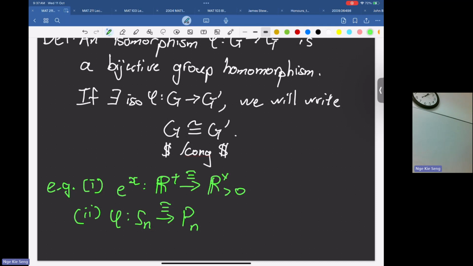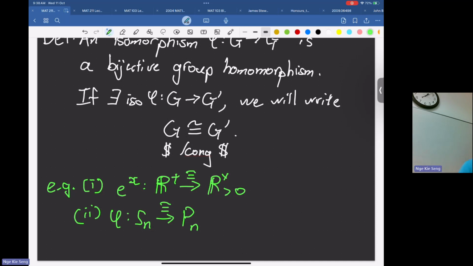This means I can send a permutation to a permutation matrix, and from the permutation matrix recover the permutation. So my process is reversible.